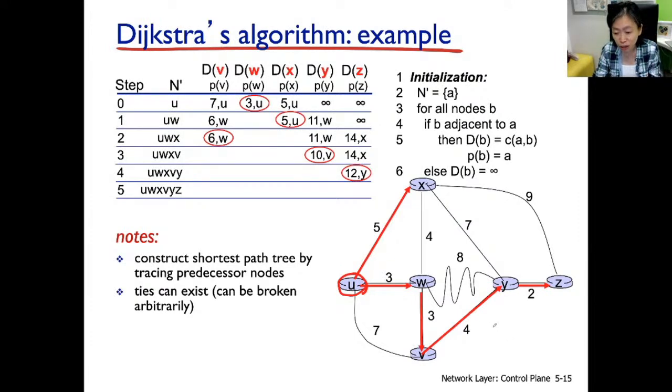Such a tree is also called the shortest path tree. And Dijkstra's algorithm is also used to generate such a shortest path tree. Second note, the D values, when we're picking the i, can have a tie. So in that case, we just have to break the tie and pick one of those.